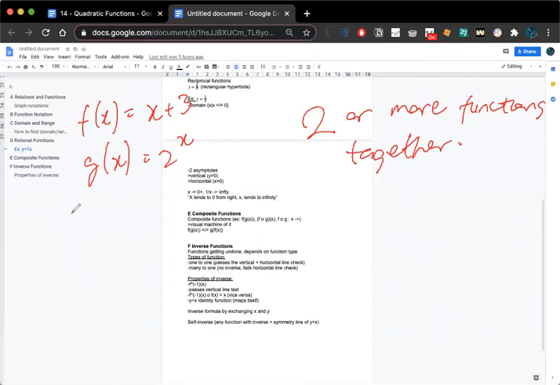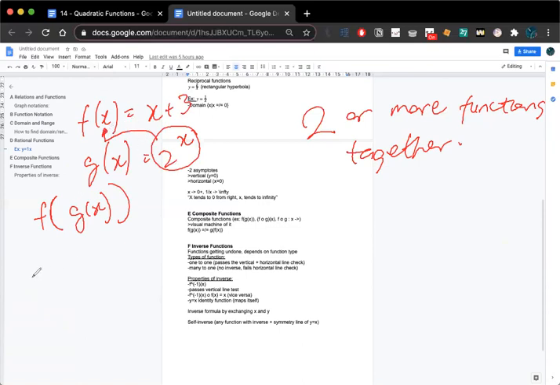Let's just imagine this as a machine. So if we have f of g of x, then this is kind of like saying that after you insert an input into g, you get the output of g, and you insert the output of g into the input x of f.